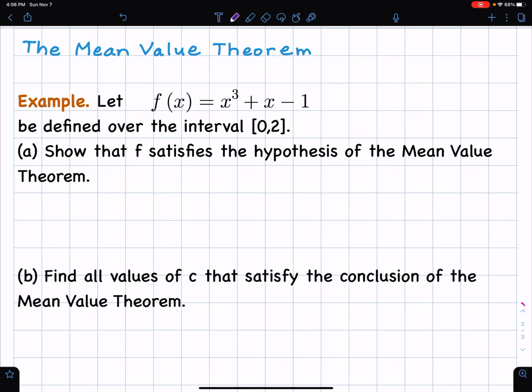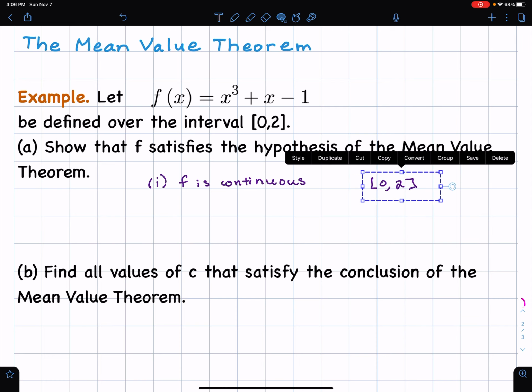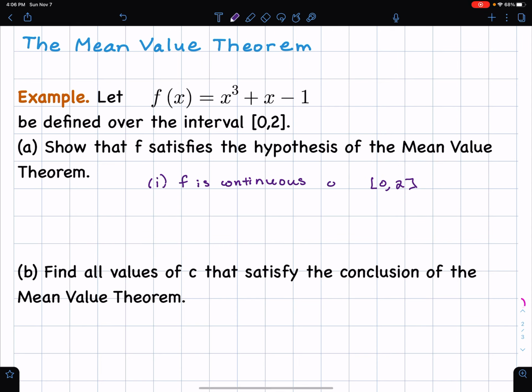So the hypothesis is first that f is continuous on the closed interval where it's defined, and that's in this case between x greater than or equal to 0, less than or equal to 2.